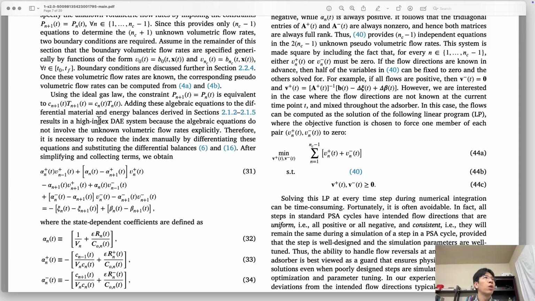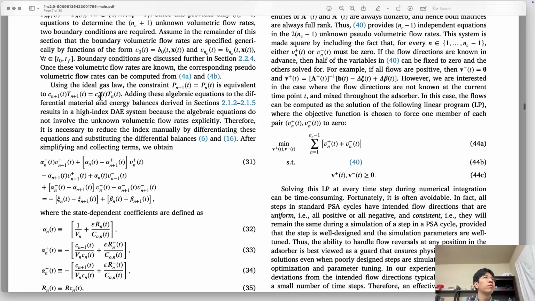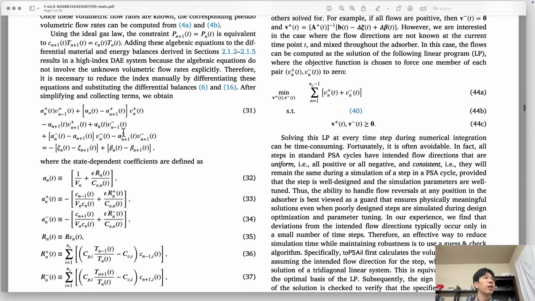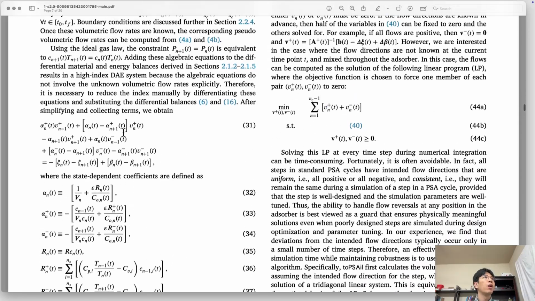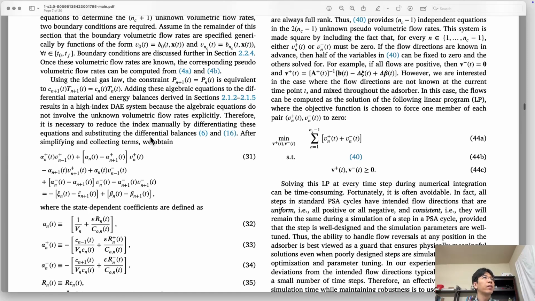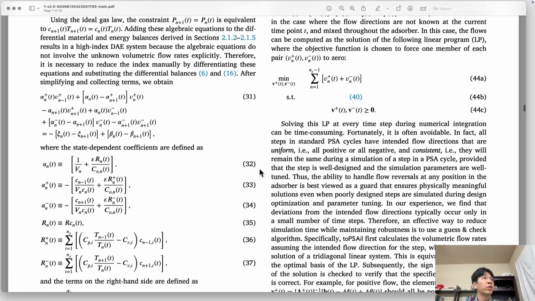If you want to impose this constraint, you can take the derivative of these constraints and then plug in the mass and energy balances. You then get equation 31, which is the basis for deriving all these different flow-driven equations.